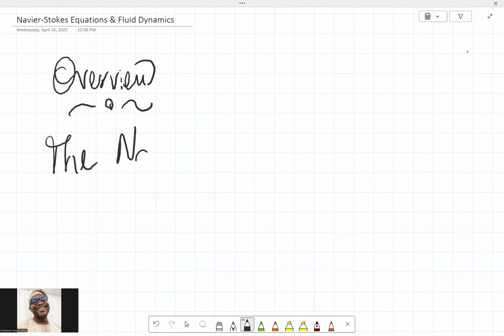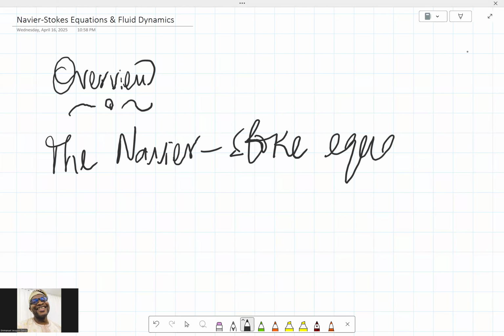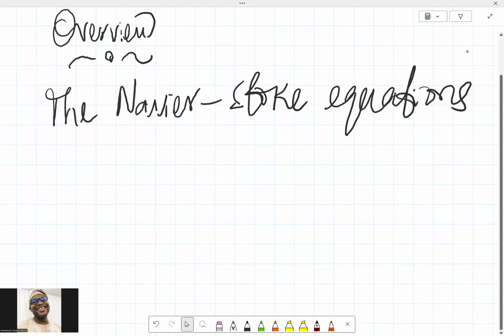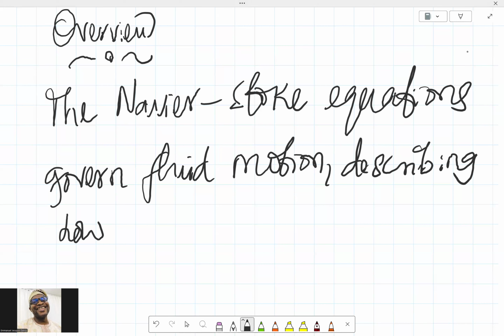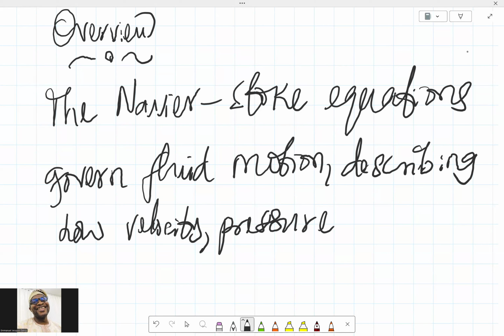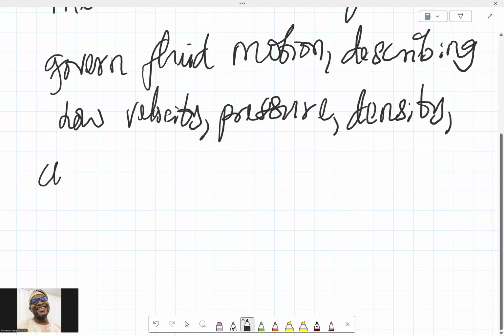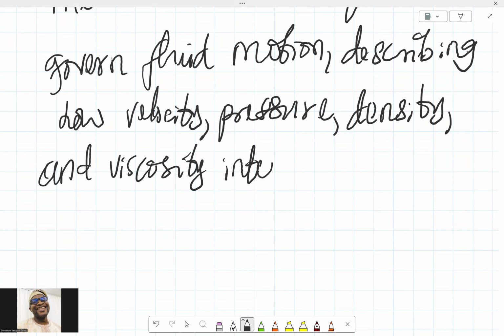The Navier-Stokes equations govern fluid motion, describing how velocity, pressure, density, and viscosity interact in fluids.